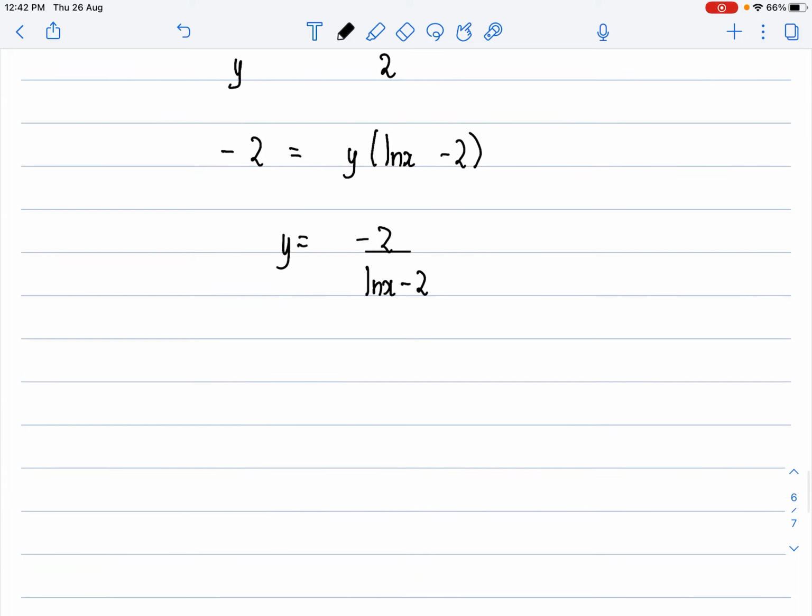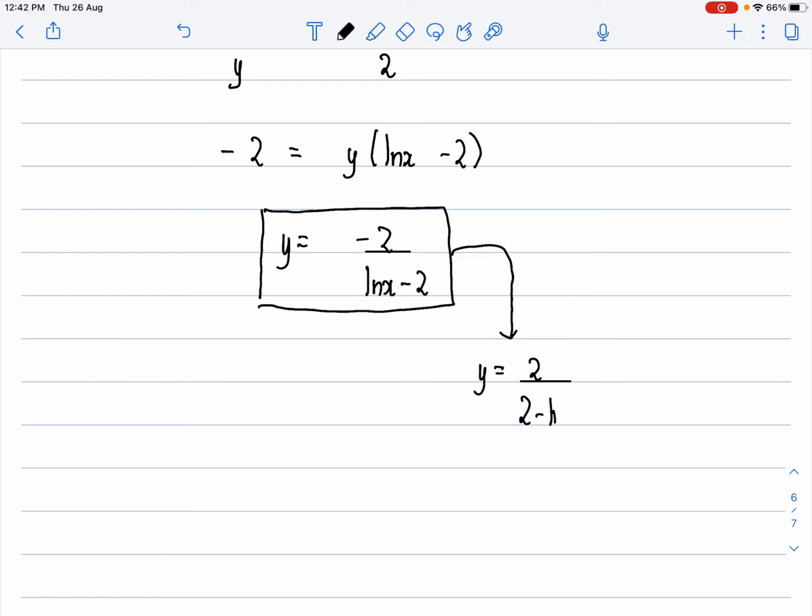And obviously I can write this as my final answer for better presentation. This can also be written as y equals 2 over 2 minus ln x. Both of them are acceptable. Both of them are equivalent to each other.